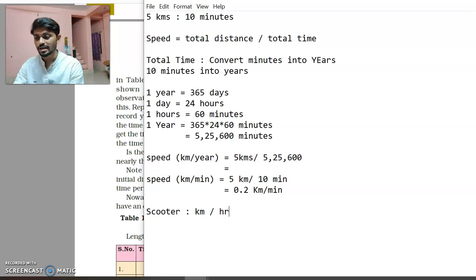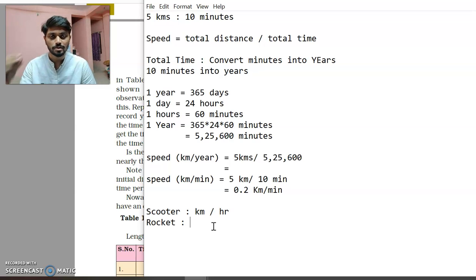But say for example, we are considering the speed of a rocket. How many kilometers does a rocket travel in one hour? Maybe lakhs of kilometers. So again, if the number gets very high, we can always reduce the time span.